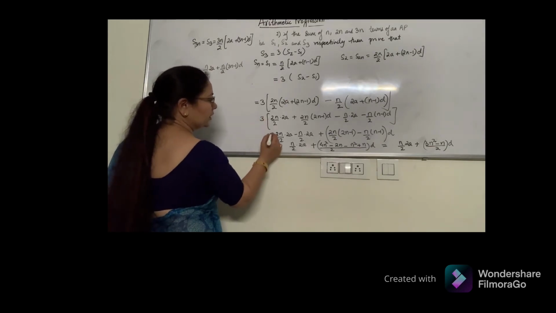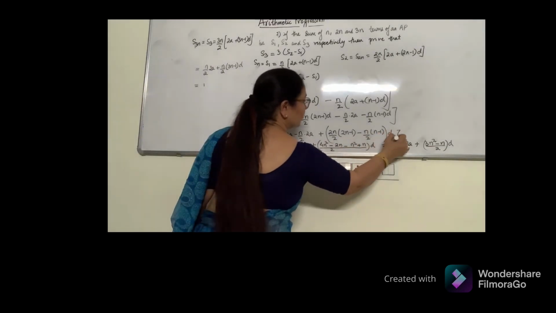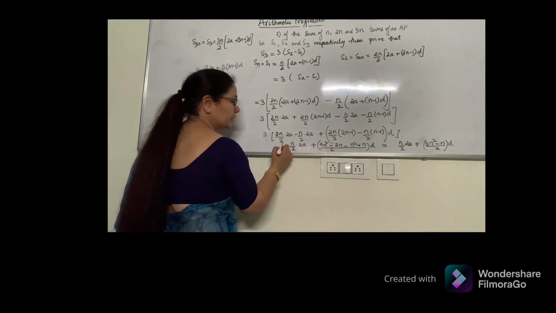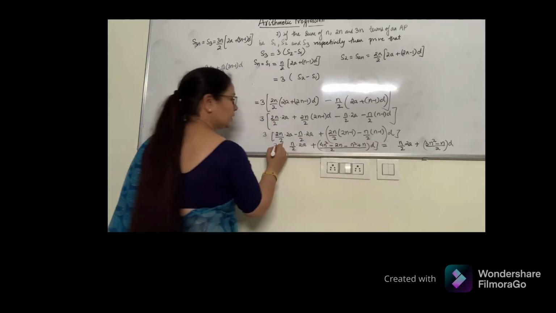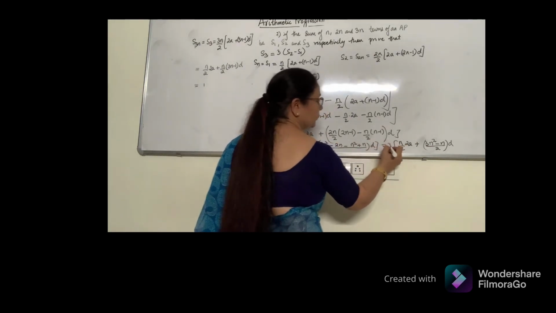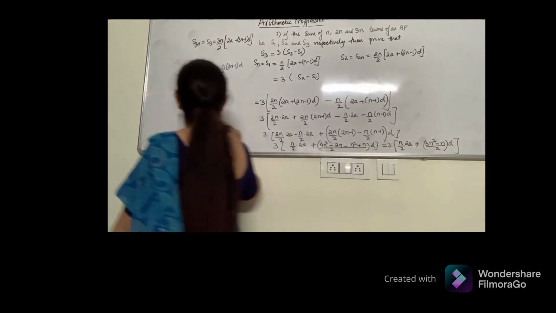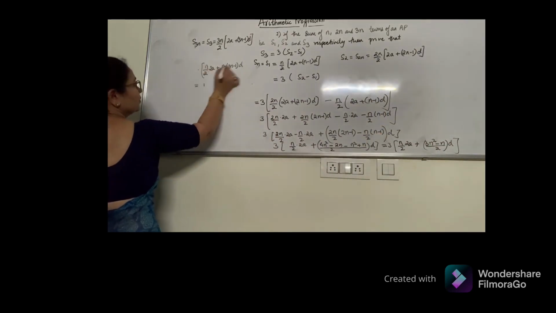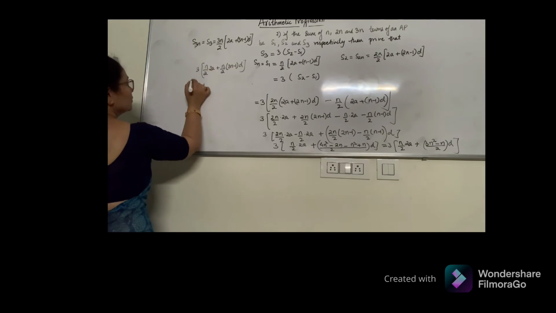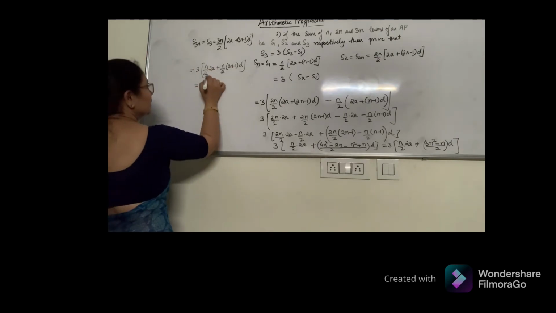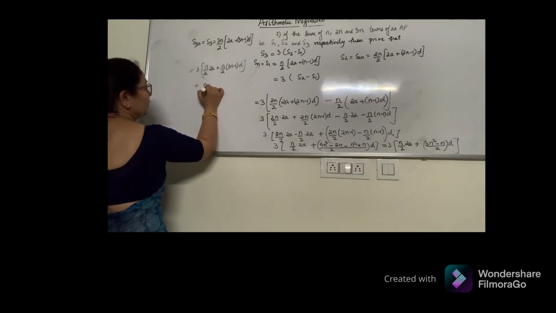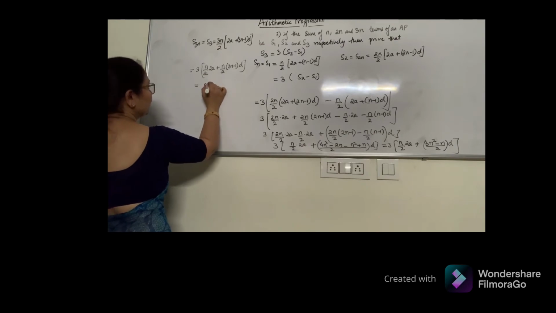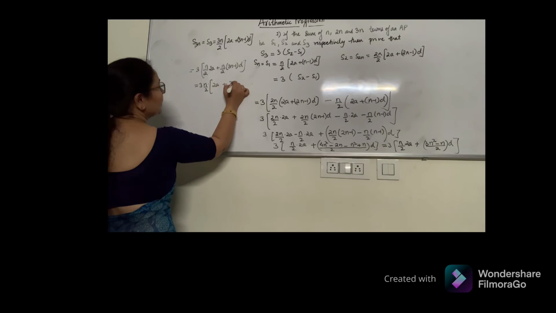This 3 is continuing, isn't it? It was in the question earlier also. We were having this 3 till the end, here also and here also. Finally we are getting: I'll take n by 2 common from both, and I am left with 3n by 2, and this is 2a plus 3n minus 1 d.